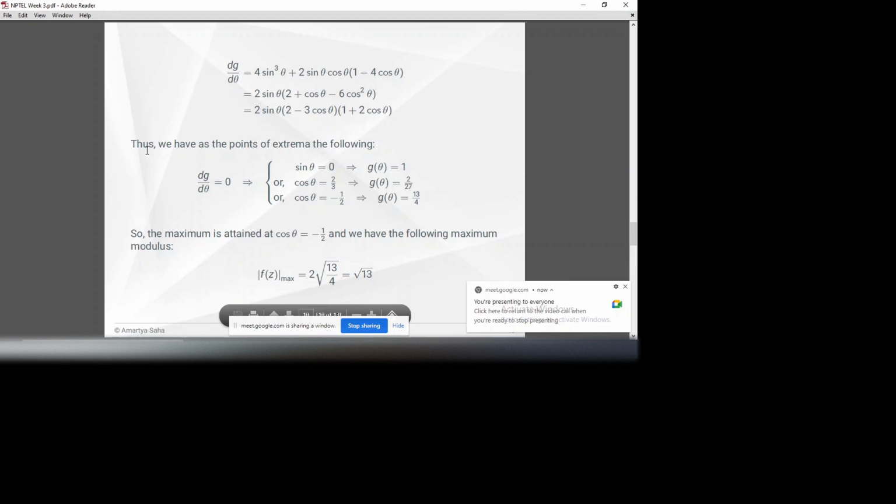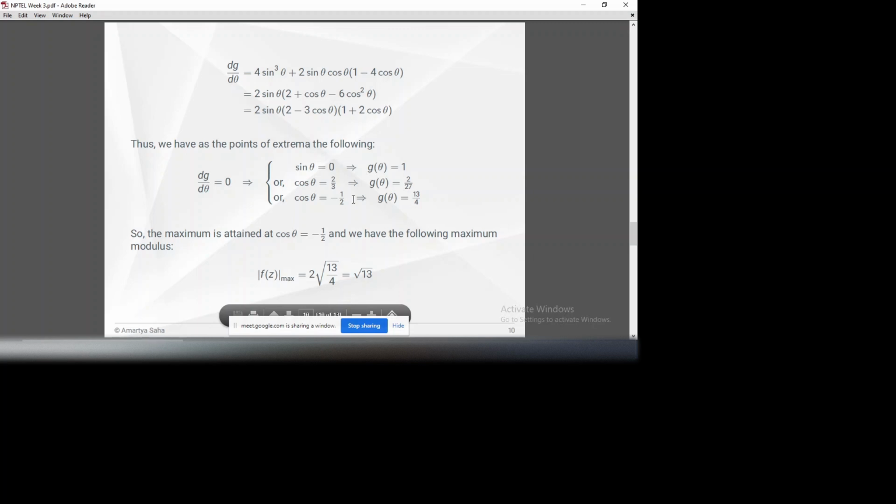To find the points of extrema, as I said, we will have to equate the first derivative to 0, and since we are already in the factorized form, this will give rise to 3 roots. These are sin θ equal to 0, cos θ equal to 2 by 3, and cos θ equal to minus 1. So these are the 3 roots.